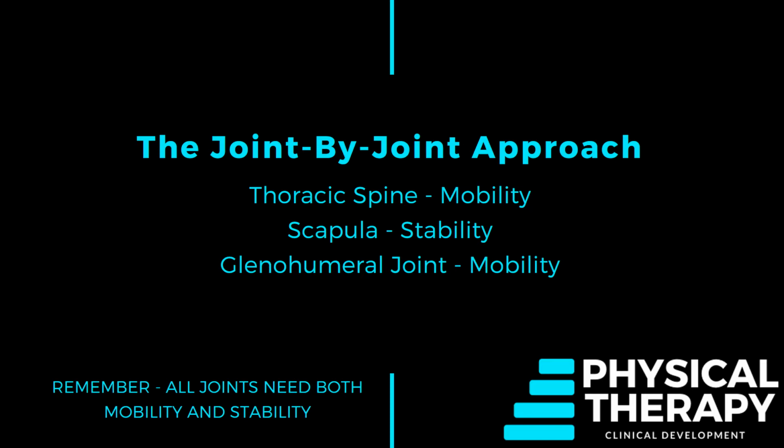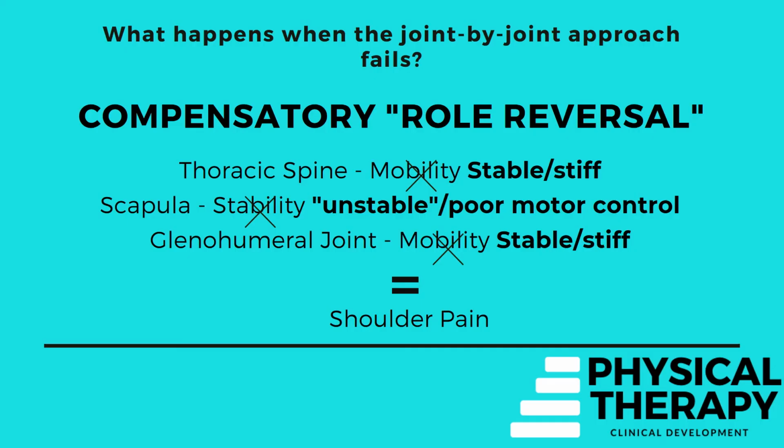The scapula is an area in which we need stability, and the glenohumeral joint needs mobility. Now what's important to remember is that all joints actually need both mobility and stability. We know this is true, but from the joint-by-joint perspective, these are the primary needs. And again, these are the things that the joints will give up in the presence of pain or dysfunction. And I talk about that a little bit more here.